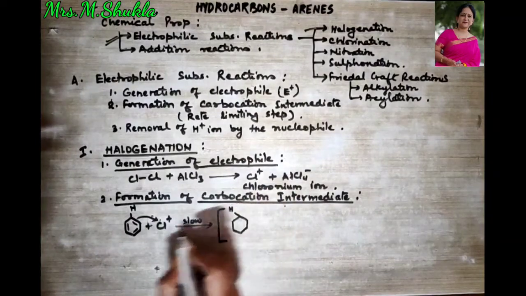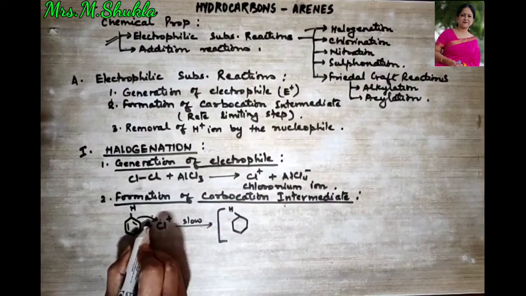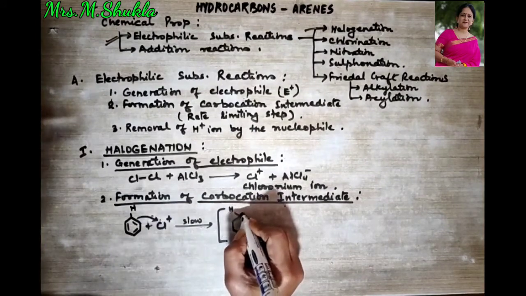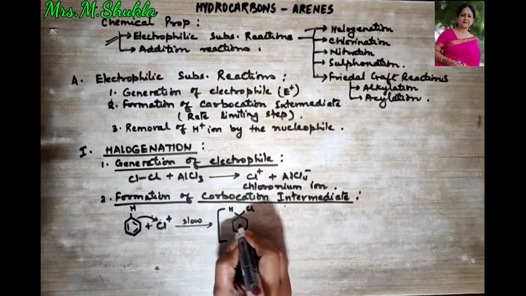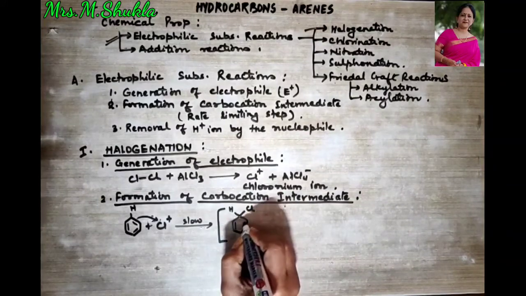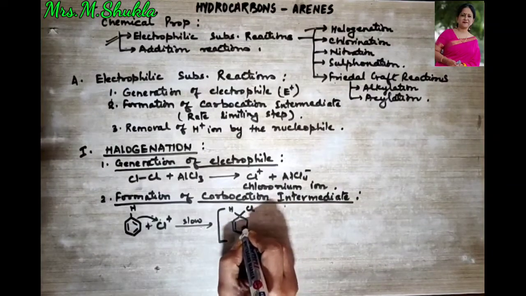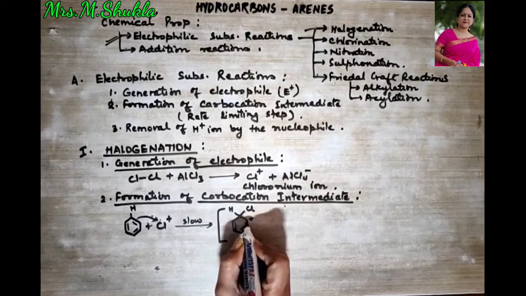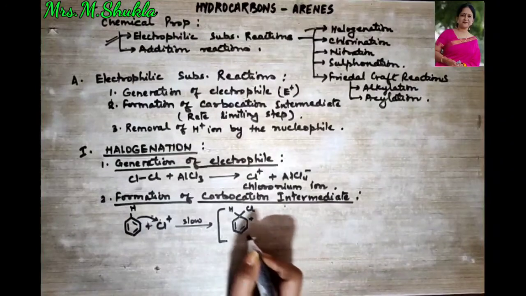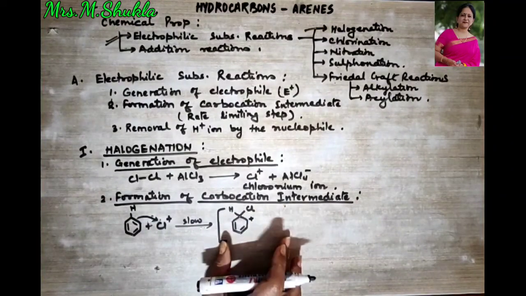This is your H, and because the electron shifts from here, this electrophile comes over here, right? And let me show you this bond over here also. Now positive charge reaches here. I hope this point is understood.